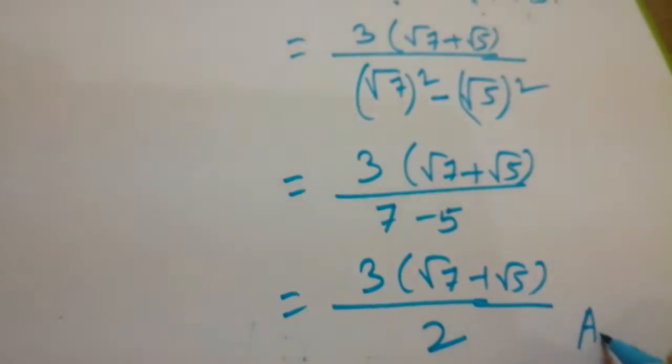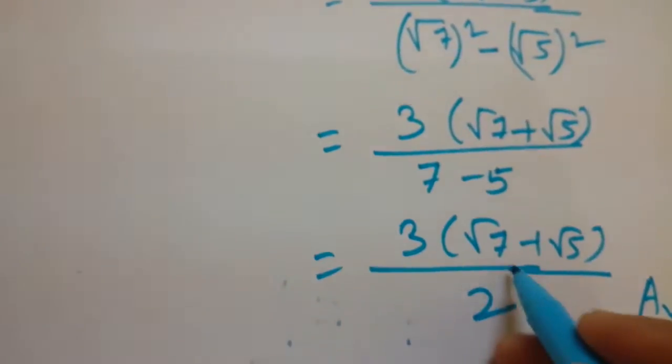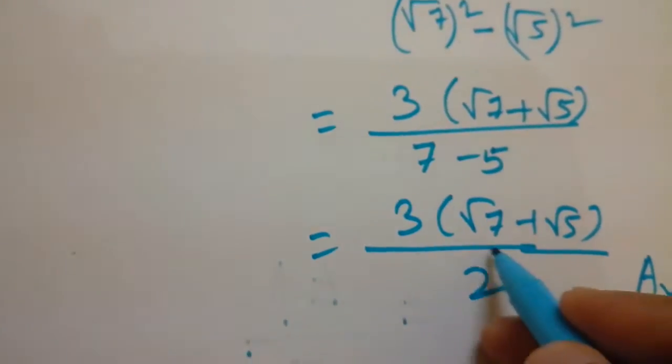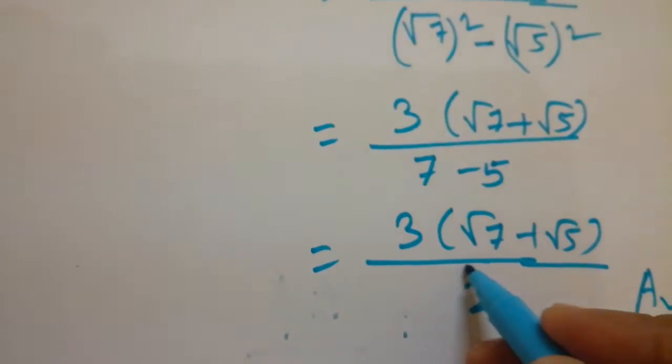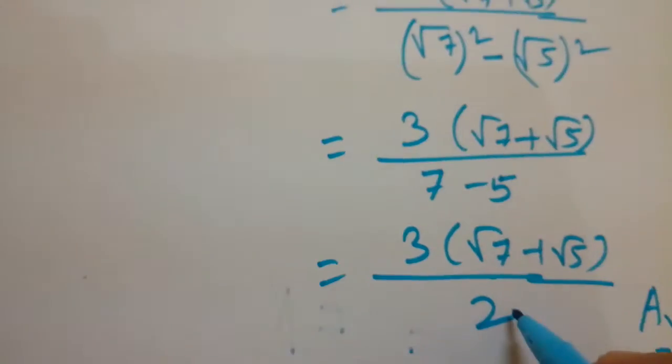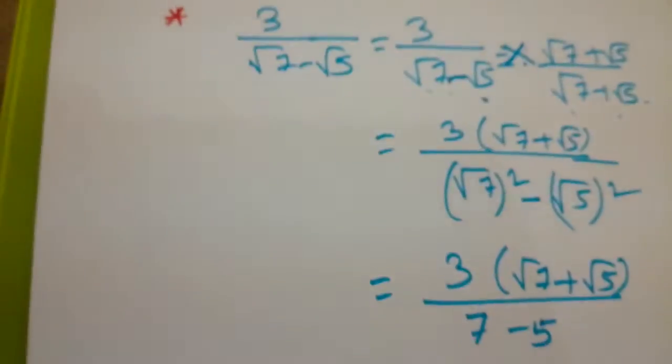And this is the answer. Here clearly you can observe that the denominator is 2, which does not involve any square root term. So we rationalize the denominator, and hence this is the answer.